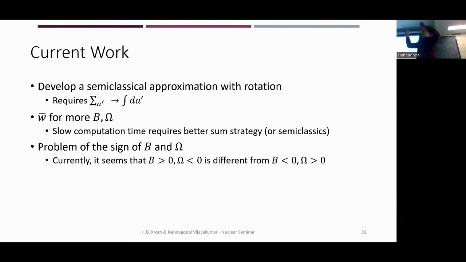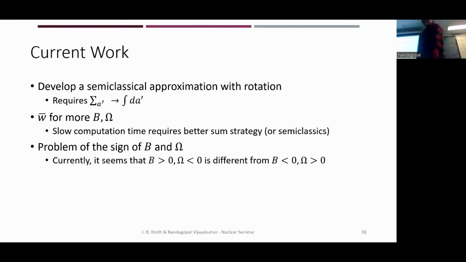And likewise, if we had B like this and omega like this, it looked like it was different than this guy. Some kind of charge or parity violating effect. But we think now, since I wrote this, that if we do the detailed bookkeeping and do everything correctly, that doesn't happen, and it's all good. We only have 2 cases of aligned and anti-aligned.